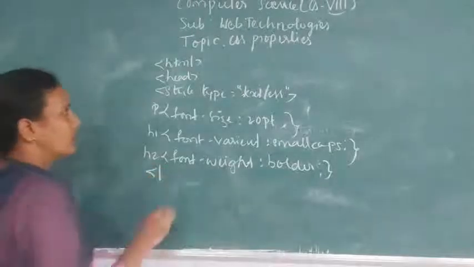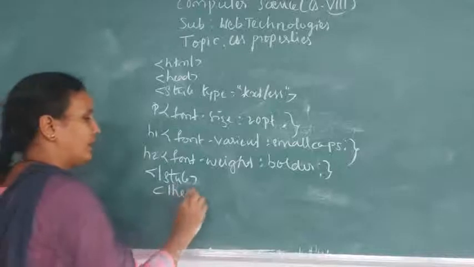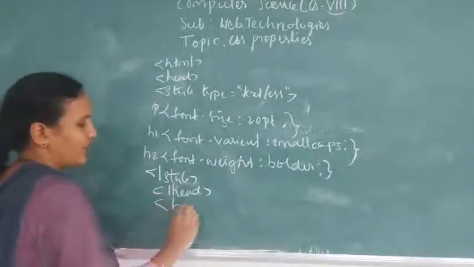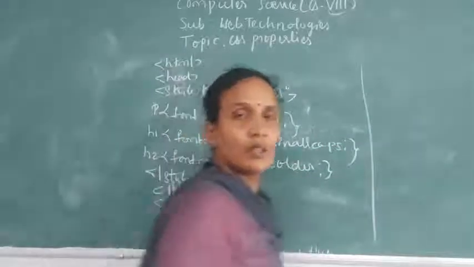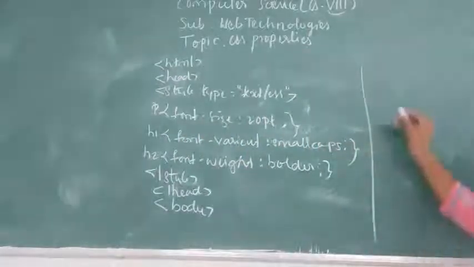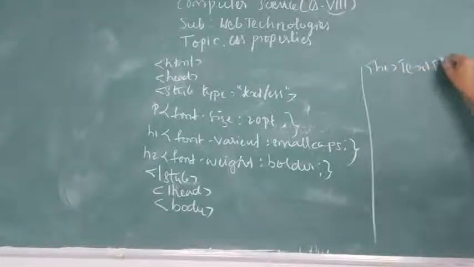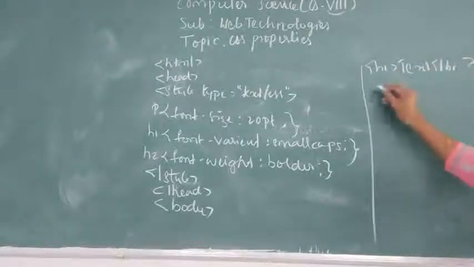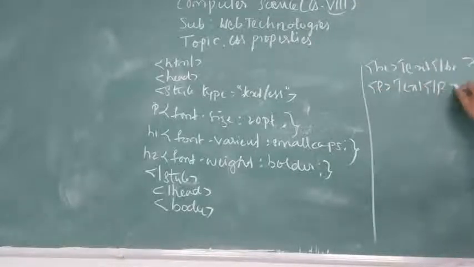Now close the style, close the head, open the body tag. In the body you give the content. Whatever content is there, you give the H1, closing H1. Next paragraph text, close paragraph.